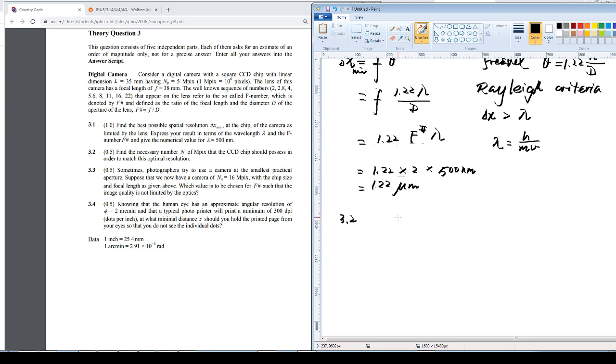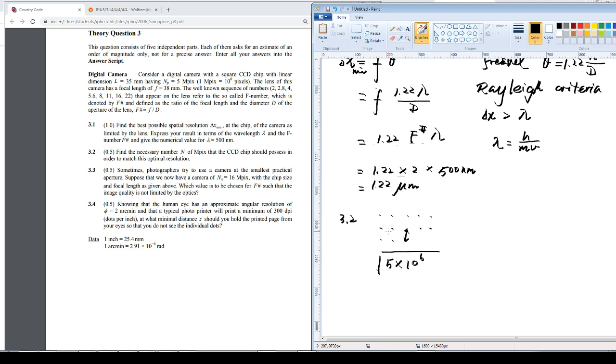The necessary, so this is basically a geometry calculation of density. It's a square chip. 5 times 10 to the 6 under the square root.